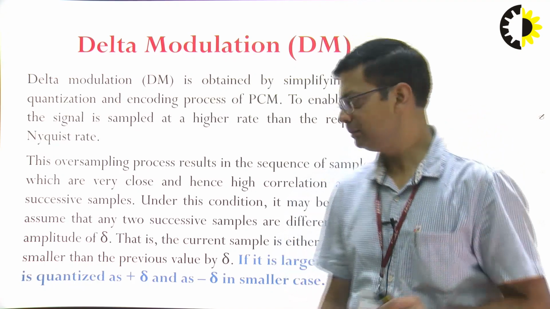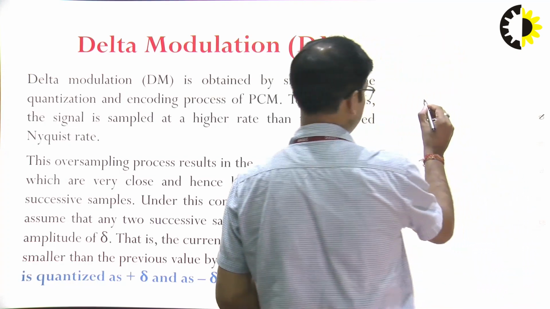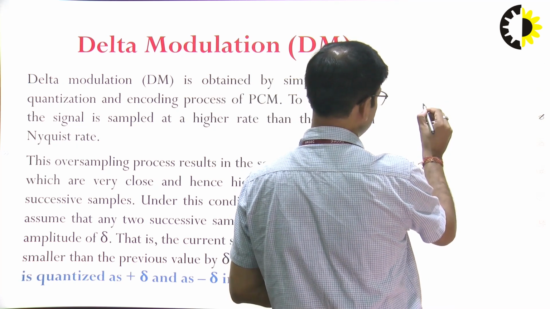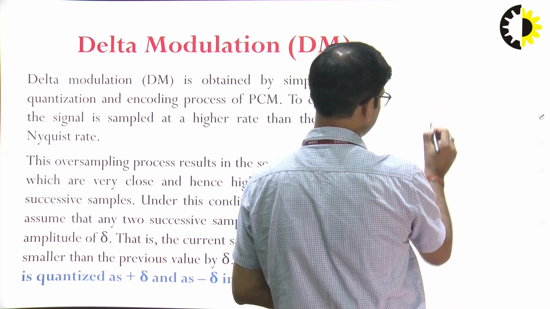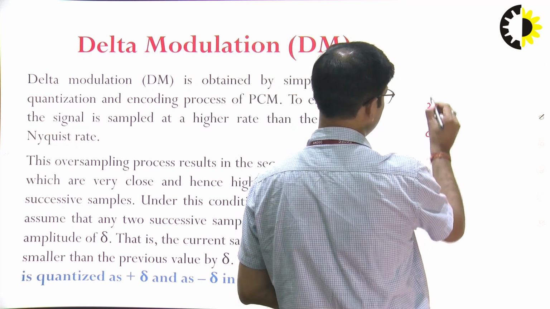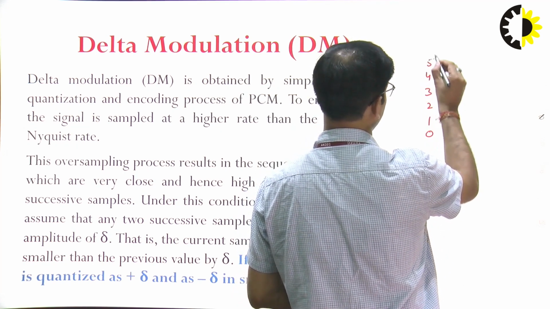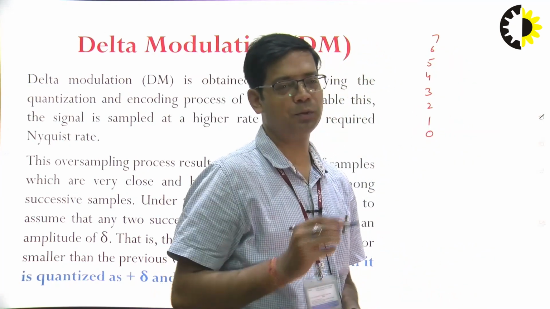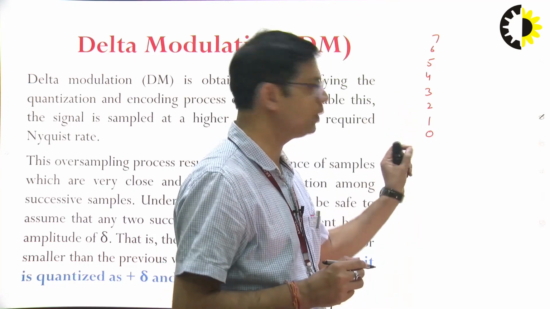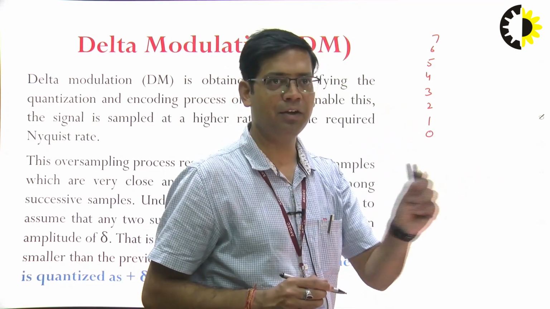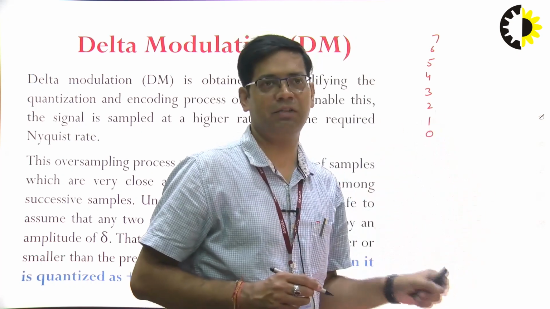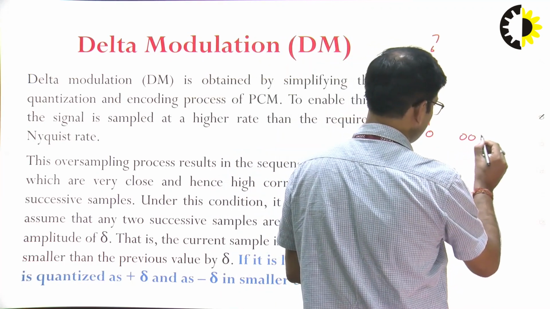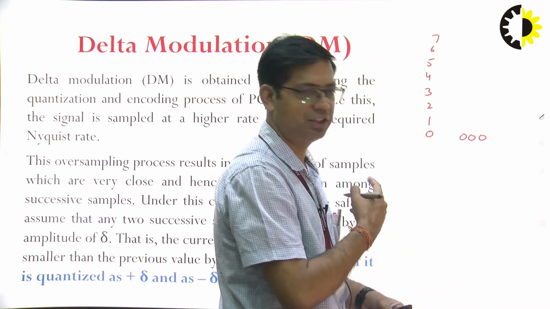So say we have 8 quantization levels, 0, 1, 2, 3, 4, 5, 6, 7, 0 to 7. Then to transmit these quantization levels using digital techniques, we need to convert these quantization levels in binary form. So we assign binary values to these quantization levels.